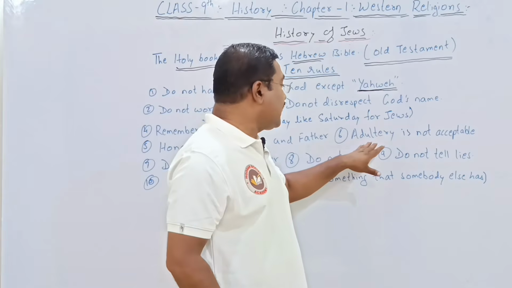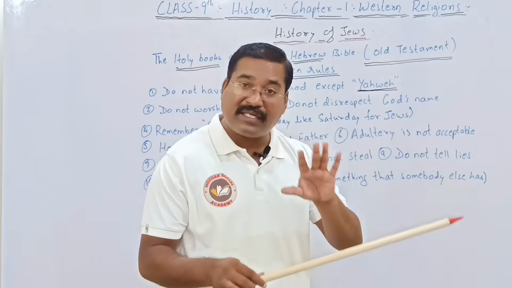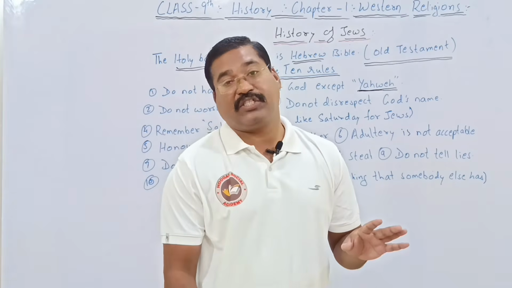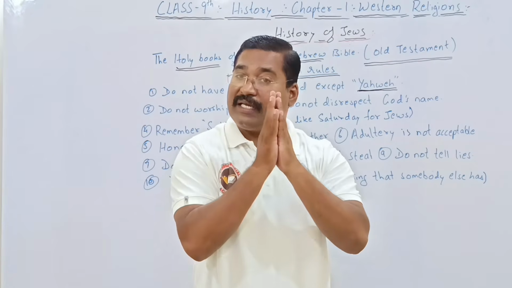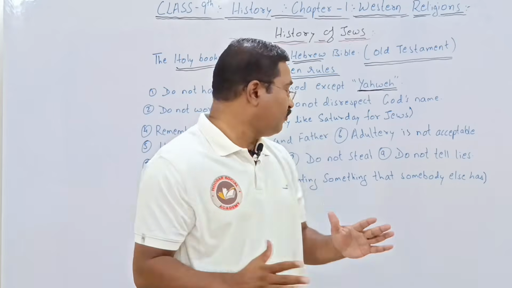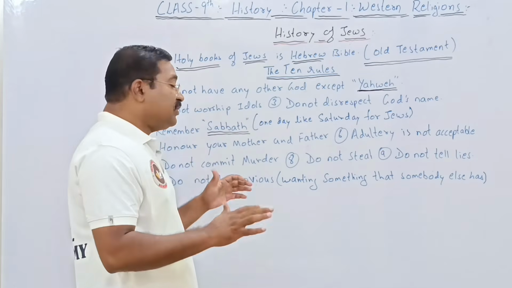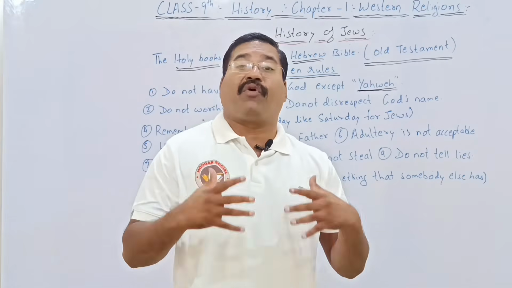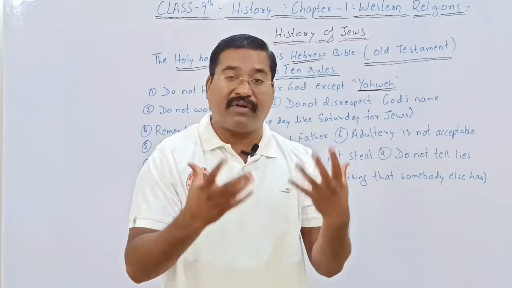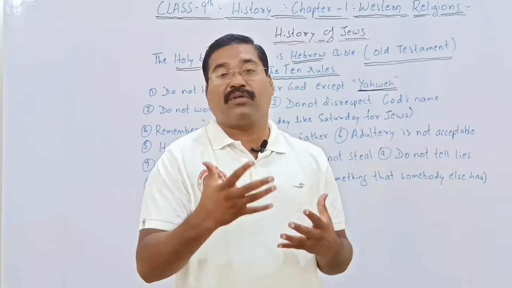The sixth point says adultery is not acceptable. Wrong relationships should not be there. Another rule: do not commit murder. Don't choose the wrong path out of selfishness or greediness to kill others.